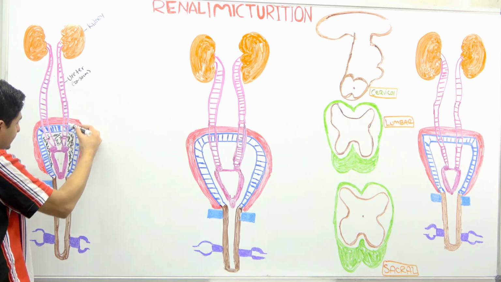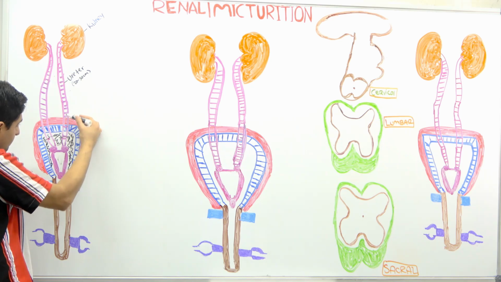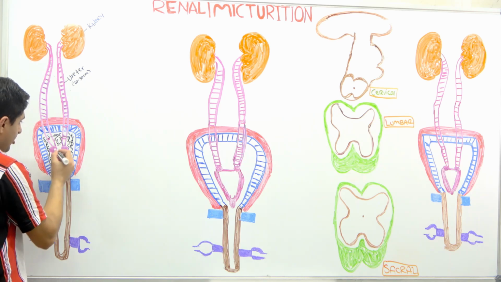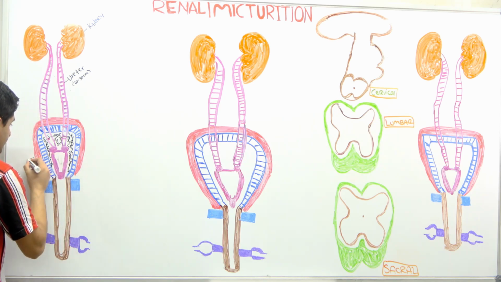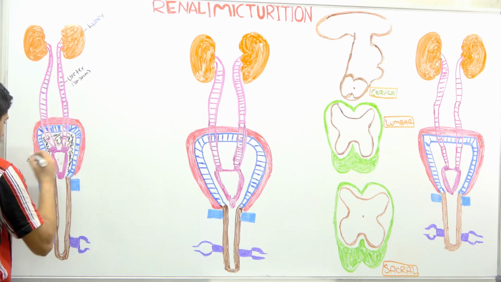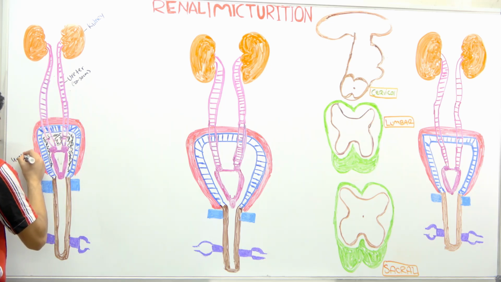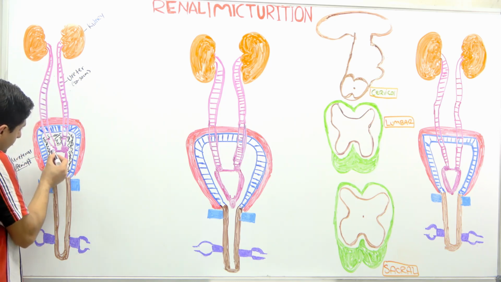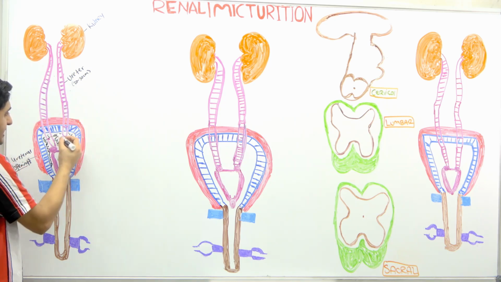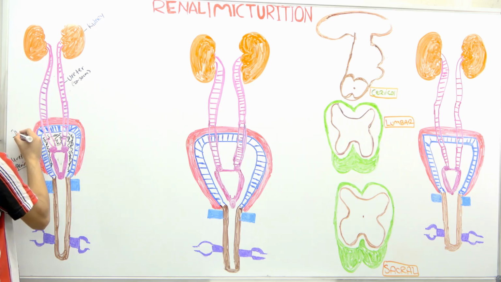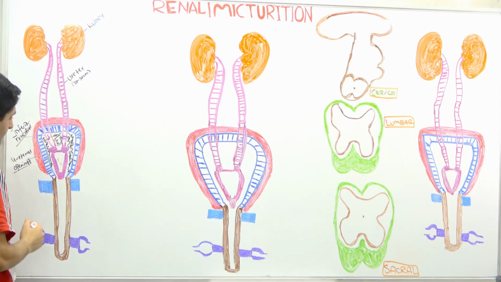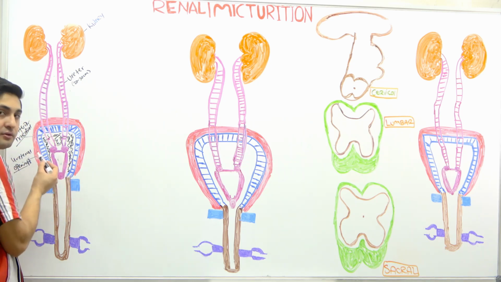As it's passing, it penetrates the urinary bladder and passes obliquely, and then it opens at these two areas. There are two openings, which are called ureteral openings. Look at the way these are moving, in an inferior, medial direction. These are two openings, and this is where the urine will come out.